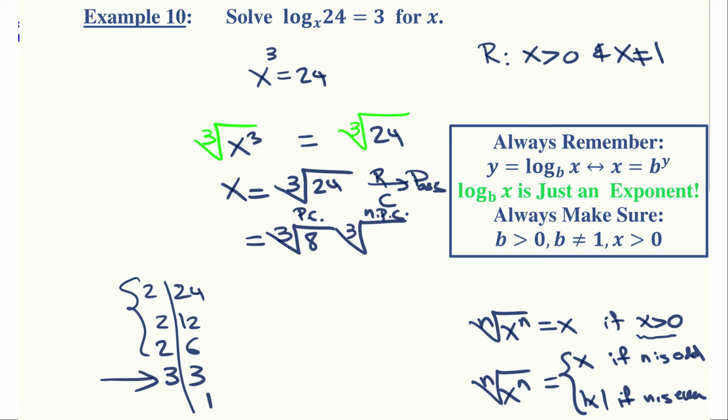There's only 3 left. So we put 3 in here, and we end up with 2 times the cube root of 3 as the value of x. So that's the simplified version of the answer, and that's what we get when we solve this equation for x. Make sure that you can handle that, and then we'll proceed.